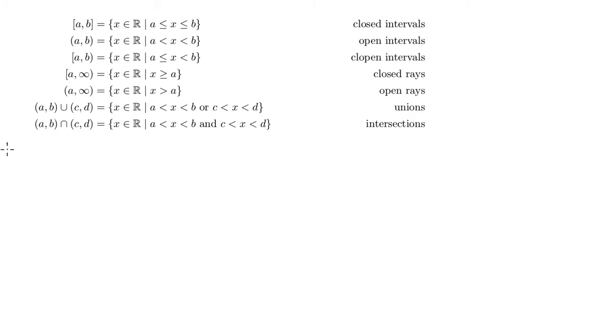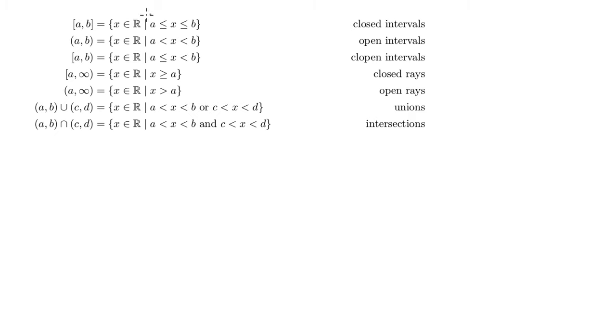And I'll just leave this here as a reference. You can look it over and try to make the connections with everything. I hope that you've seen this before, but we just want to review the main idea. So notice, first of all, notationally, that when we use a square bracket, we're including that endpoint. When we use a parentheses, we're not including that endpoint.